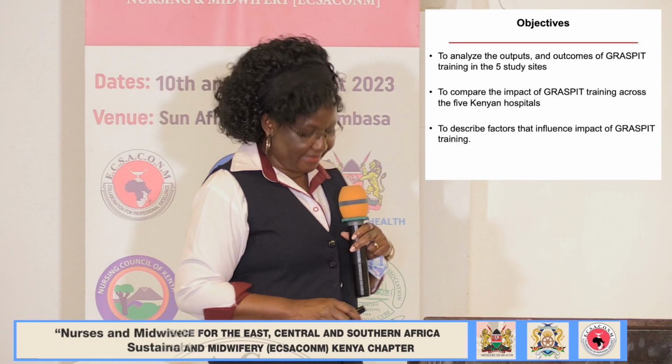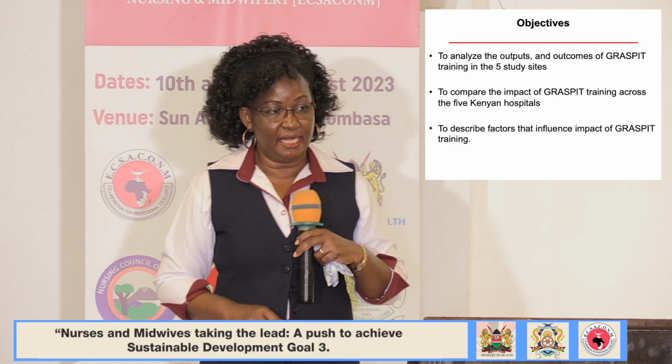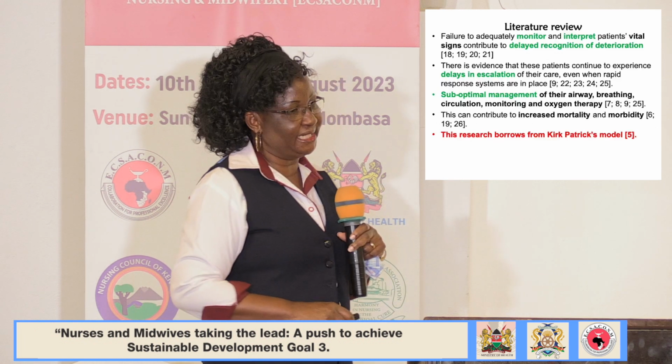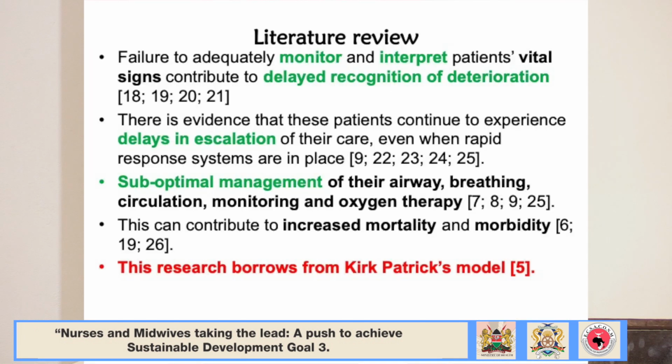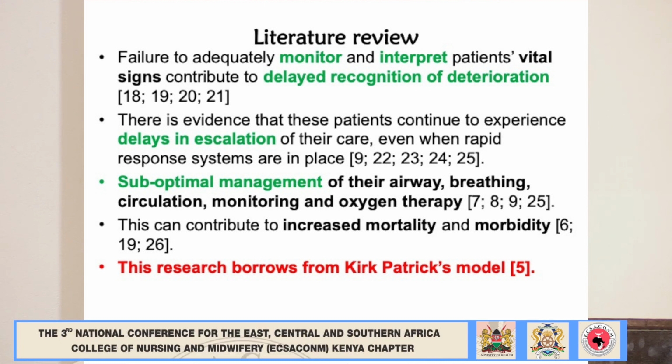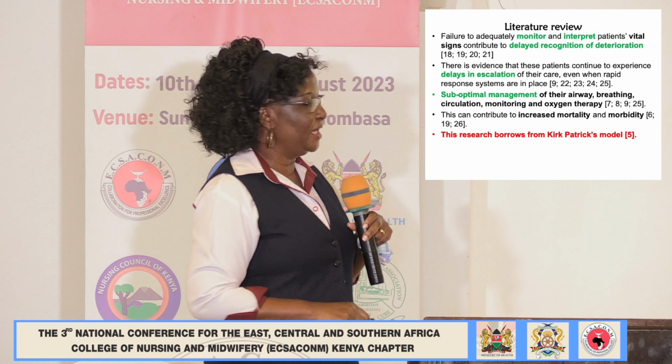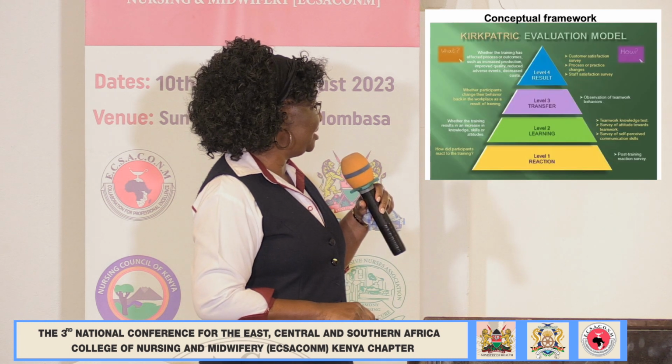I want to say that this research was done based on the model of Kirkpatrick. And Kirkpatrick does a few things. You can engage with it later during your own time. It wants to know how the participants have reacted to the training that has been given. It also checks on the results in terms of increase of knowledge and skills.